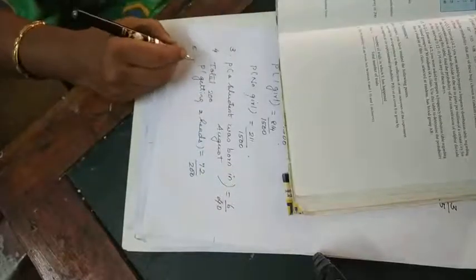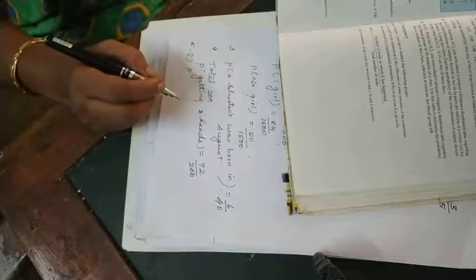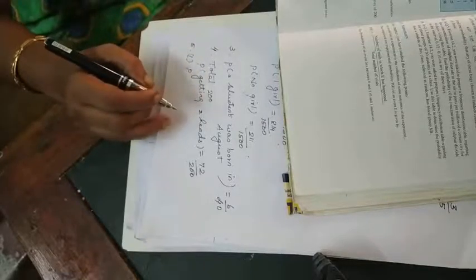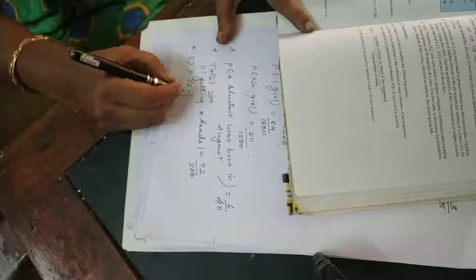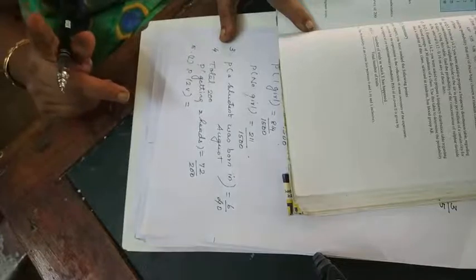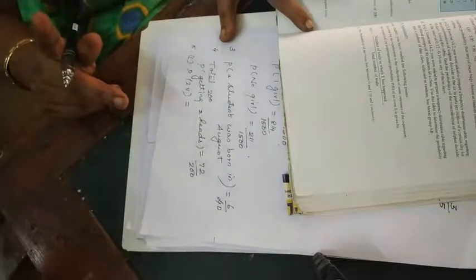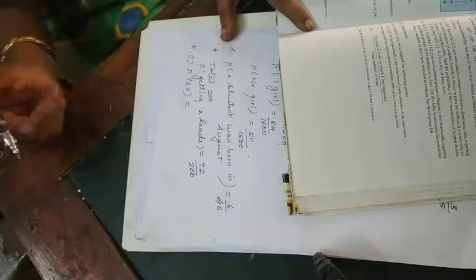First question, probability of earning 10,000 to 13,000 and owning exactly 2 vehicles.